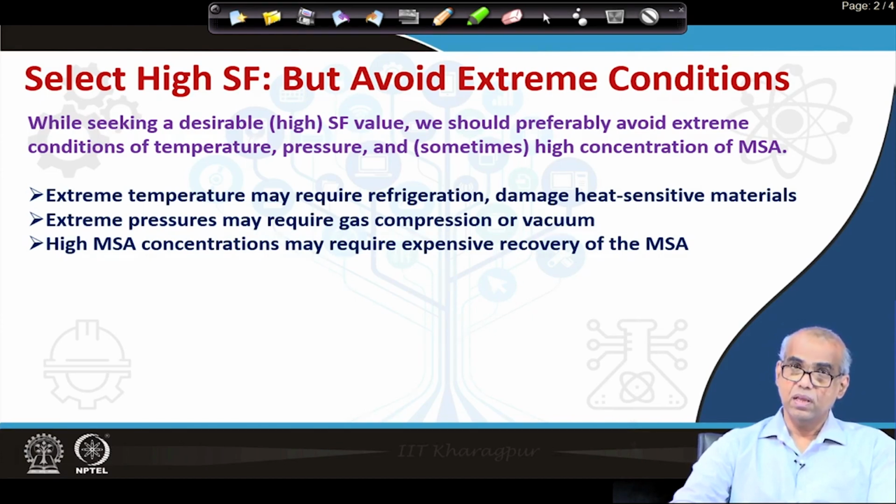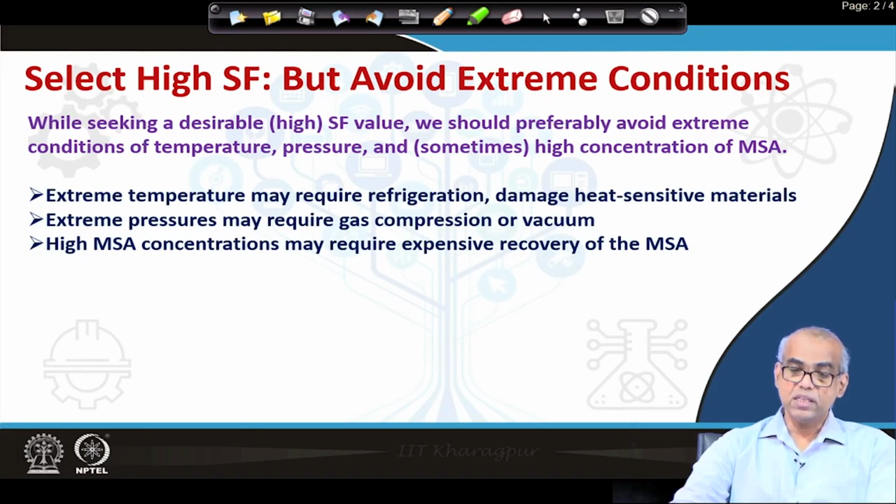Note that even if your separation process can be achieved in a single piece of equipment, whenever I use mass separating agent, there has to be additional separation process for recovery of the mass separating agent, so that you can recycle it.